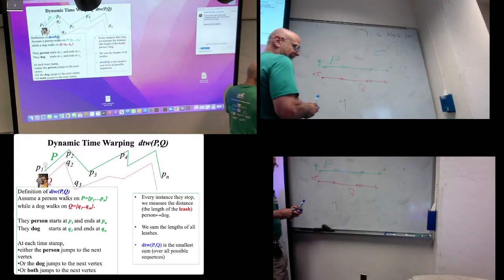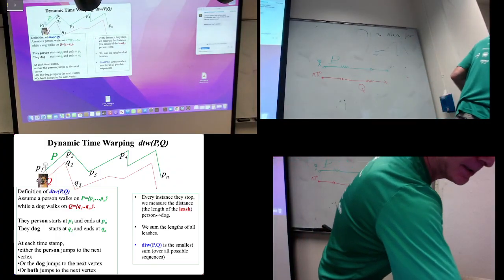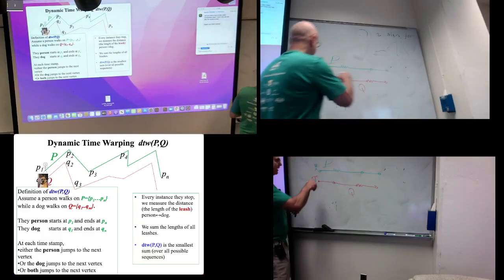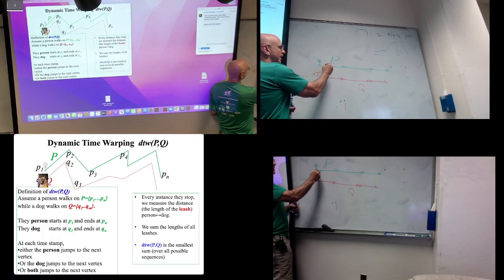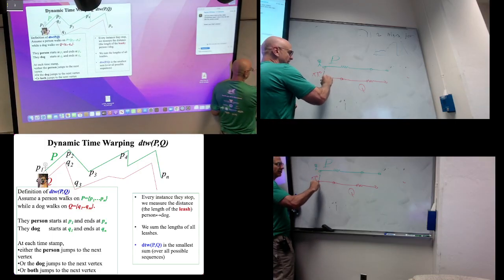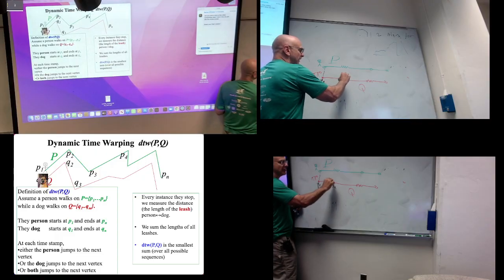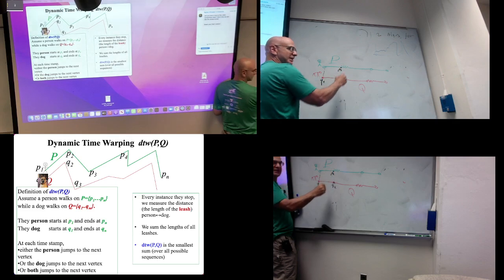Back to our two curves, P and Q. When I'm talking about the matching, I'd like to know not only what is the length of the leash, but that probably a good alignment between them is that they both start at the first vertex, that will be q1. Then the dog will jump to q2. The man will jump to p2, the next vertex.